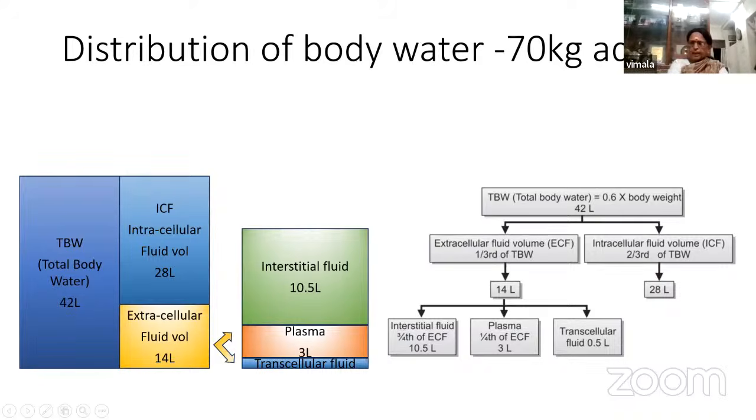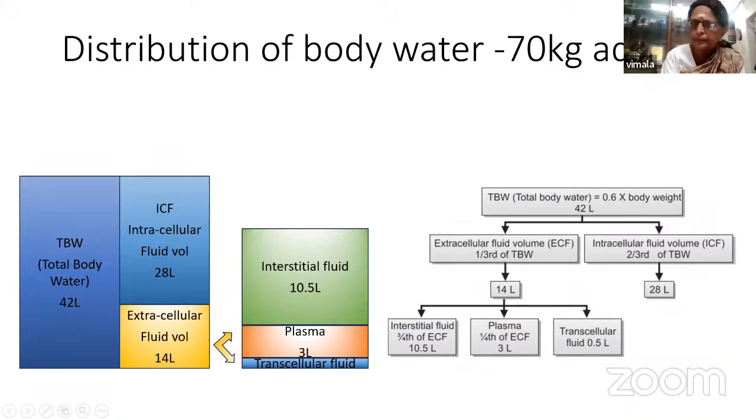Mainly the intravascular compartment and the interstitium, and little goes transcellular. Of these 14 liters of extracellular fluid, only 1/4 is in the intravascular compartment, about 3 liters. The remaining 10.5 liters goes to the interstitial fluid.